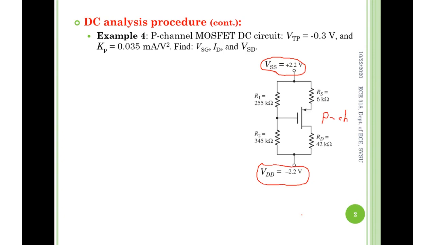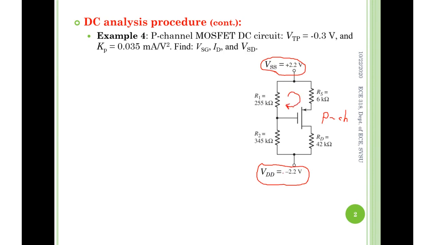Not only are the formulas different, but you also need to find the VSG loop KVL. Where is it? It's the VSG loop, not the VGS loop, because this is a P channel. But where is the VSG loop? Up here.